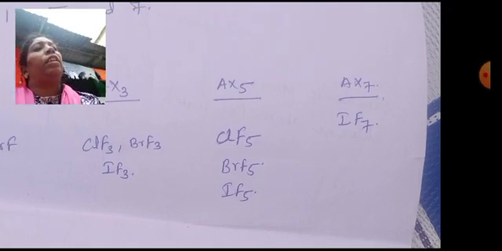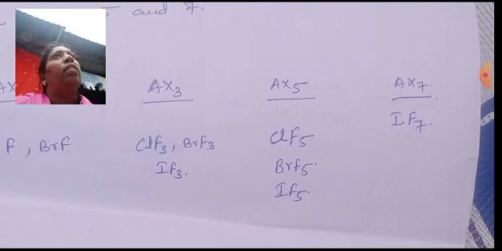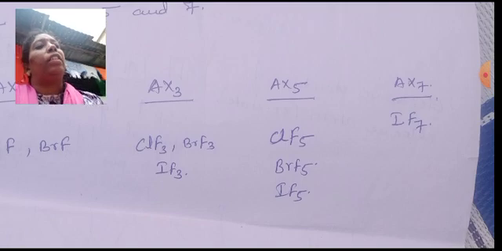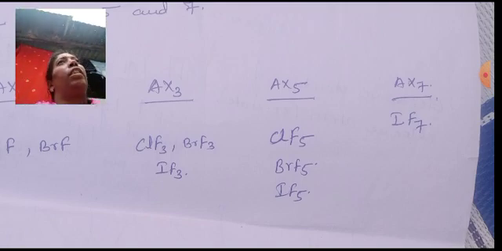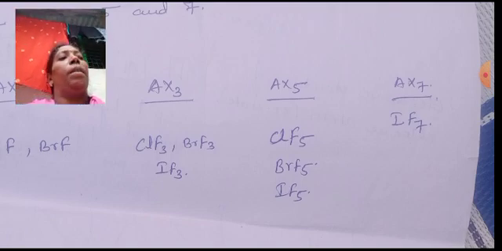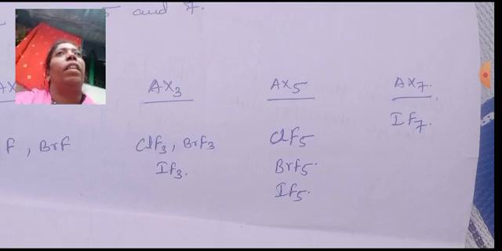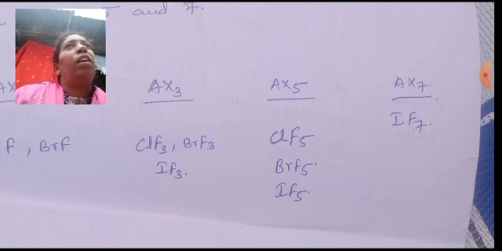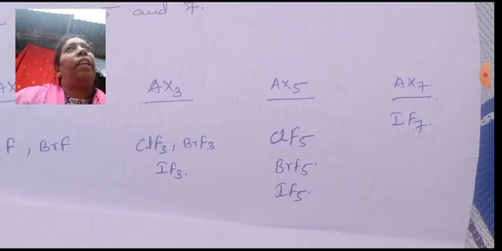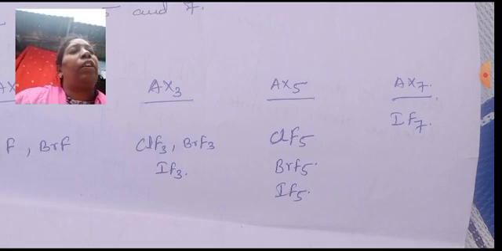Coming to the AX7, this is octahedral, and here also you can take the simple example IF7. IF7 forms a structure with 7 fluorines present at 7 corners.